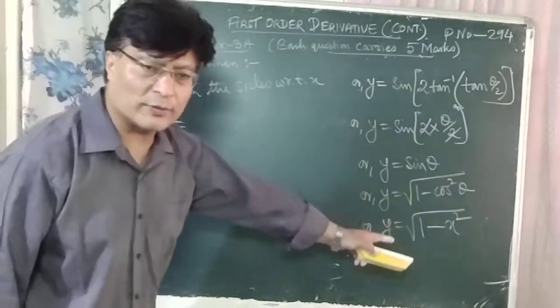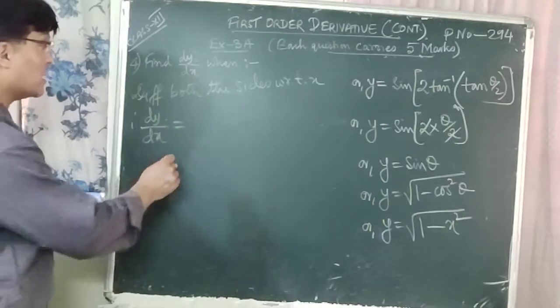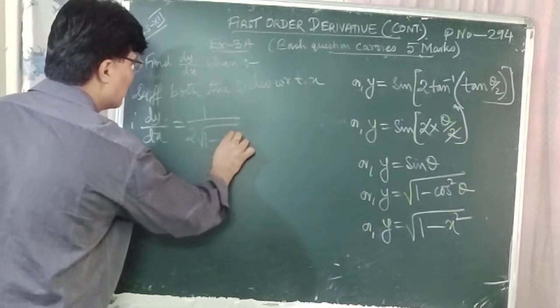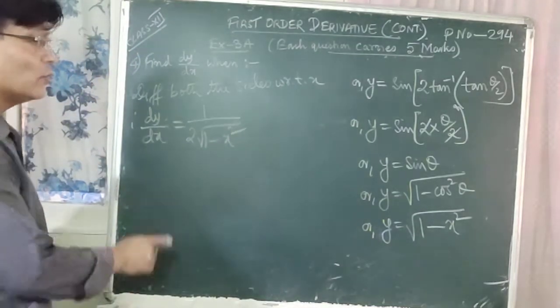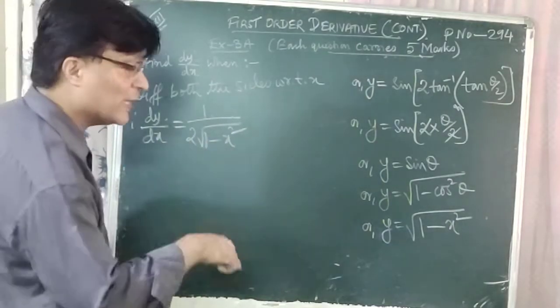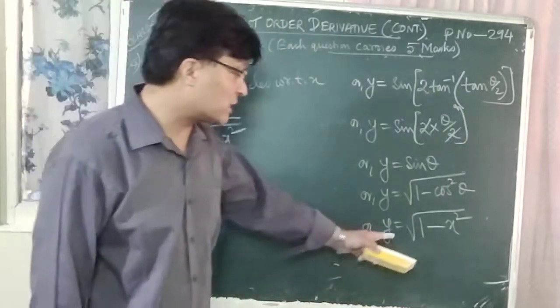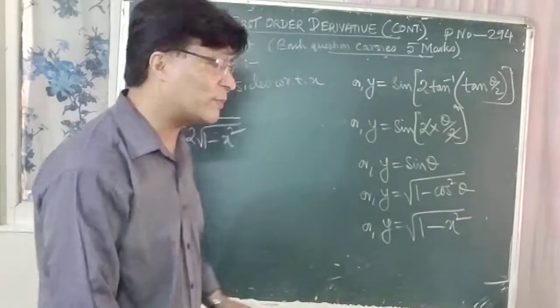It is just like root over x, where 1 minus x square is taken as x. The differentiation of root over x is 1 by 2 root over x, which means 1 by 2 root over 1 minus x square. Again differentiate the term which is assumed as x. Which function was taken as x here? 1 minus x square. Again you have to differentiate 1 minus x square.